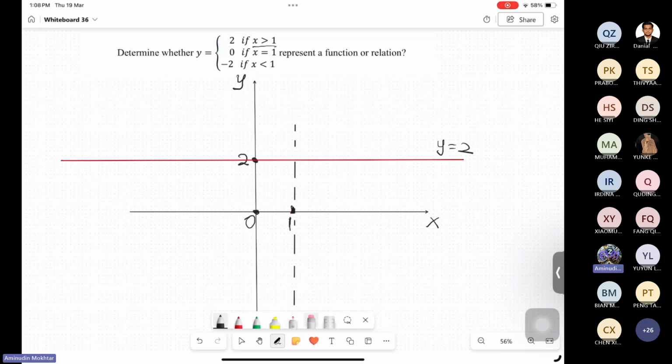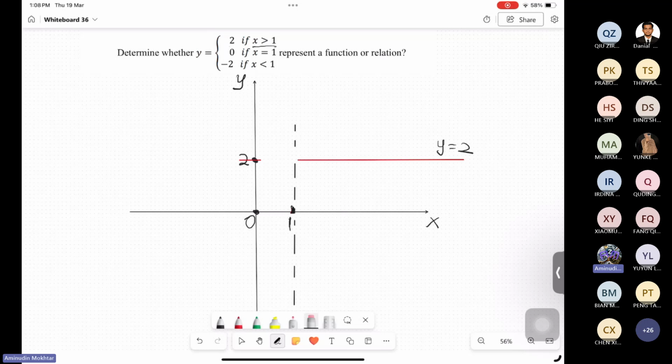So x greater than 1 starts from this line and goes to the right, and then the other part of the line I need to delete until the line x equals 1. That's why we only have a part of the line. That's the first structure of the equation.